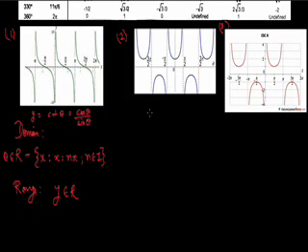Now let's talk about the second function. From the table we can see that sec theta is undefined at all those values where cos theta is 0. So at all those points, that is at x equals pi by 2 and x equals 3 pi by 2, our graph will become parallel to the axis.